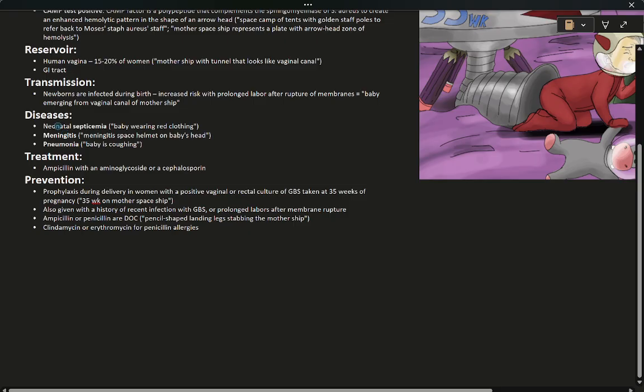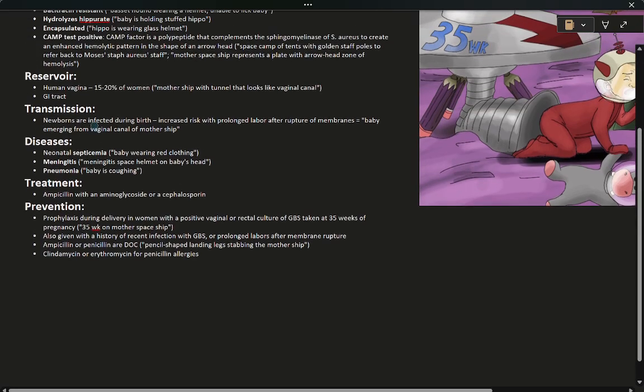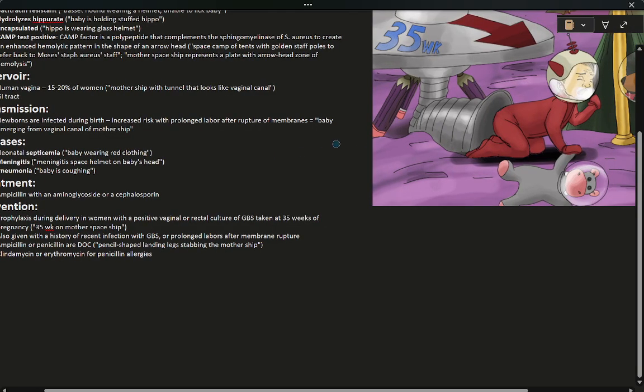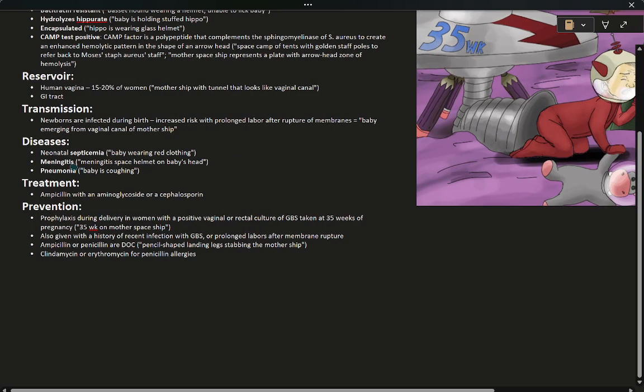And then for diseases, since we mentioned that newborns can be infected during birth, one of the complications is neonatal septicemia for Streptococcus agalactiae. So the neonatal septicemia is symbolized by the baby wearing the red clothing, as over here. Also meningitis.